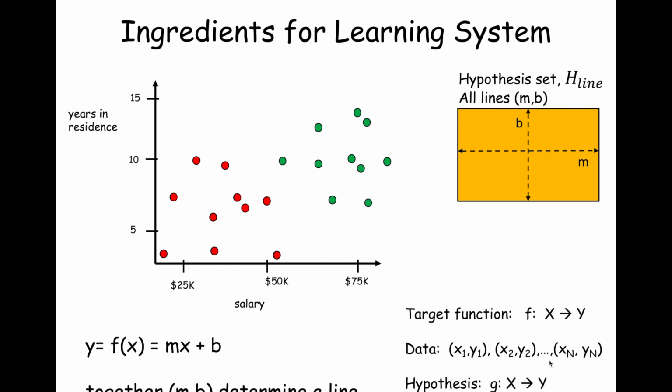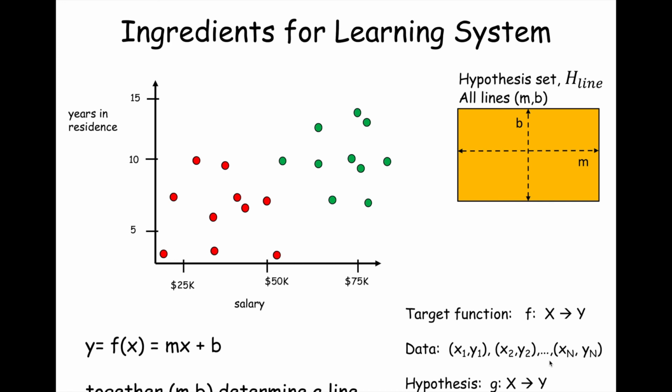This other axis in our hypothesis set represents b, the y-intercept. If it's far away from the origin, it's large. If it's close to the origin, it's small. If it's above the origin, it's positive. If it's below the origin, it's negative. So if I were to choose a dot in this golden box, that dot represents a particular choice of m and b, i.e. a particular line. Does that make sense?